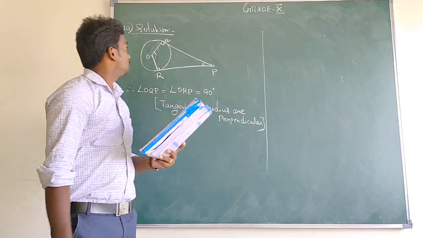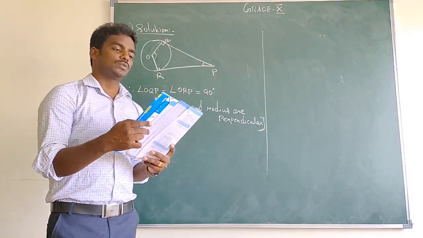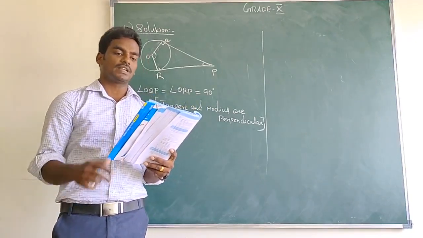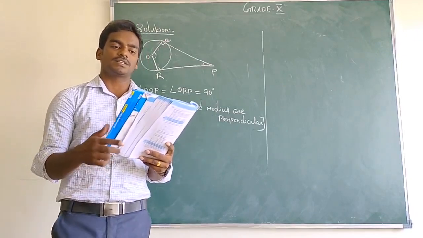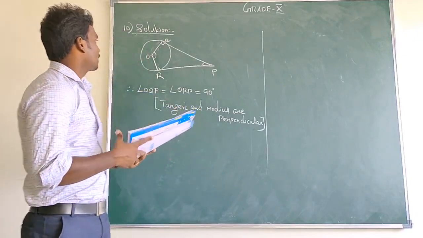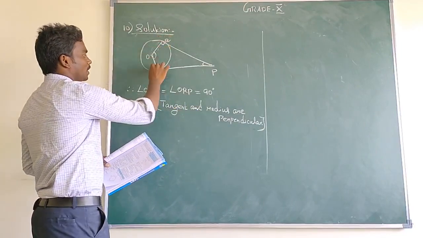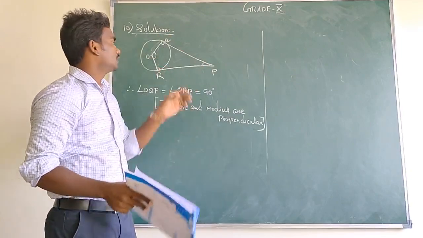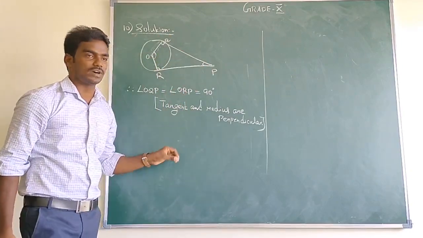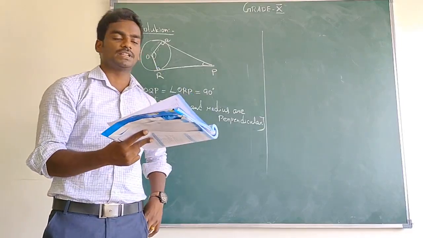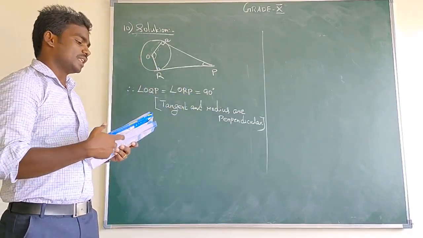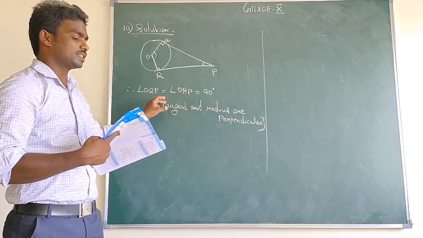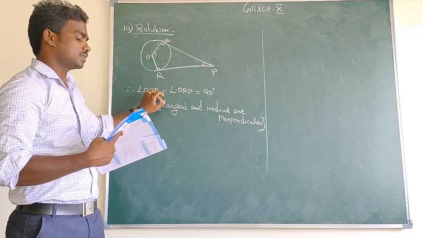So next, the 10th question. Prove that the angle between the two tangents drawn from an external point to a circle is supplementary to the angle subtended by the line segment joining the points of contact to the center.